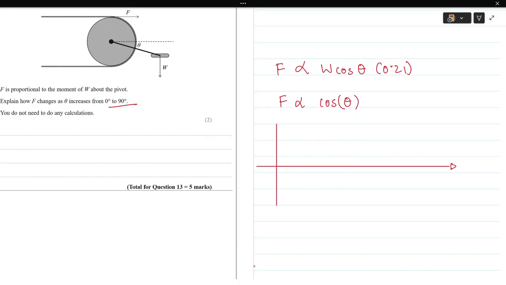If I draw it again, only the first part of the cos graph, we can see that this is 90 degrees. And as the angle increases, the overall value of the curve decreases. So if theta changes from 0 to 90 degrees, the value of F should decrease.